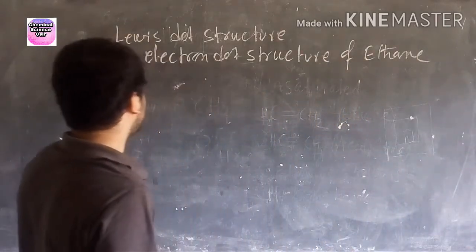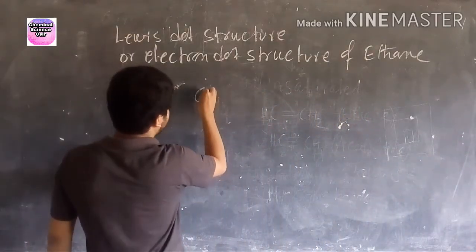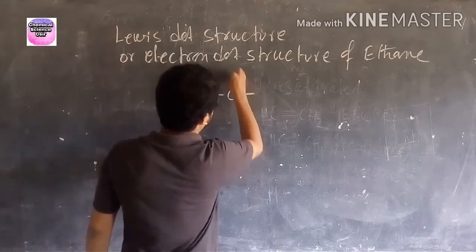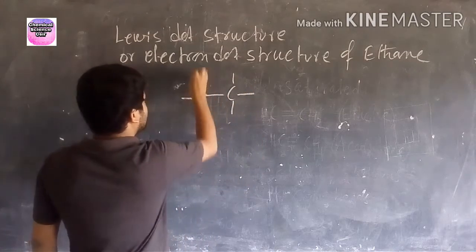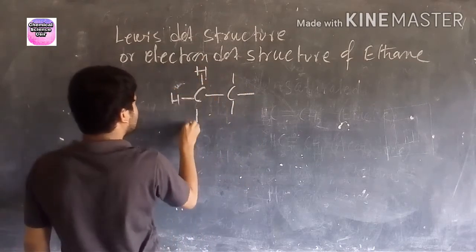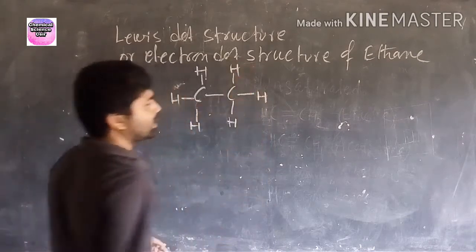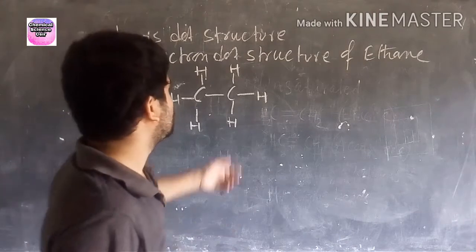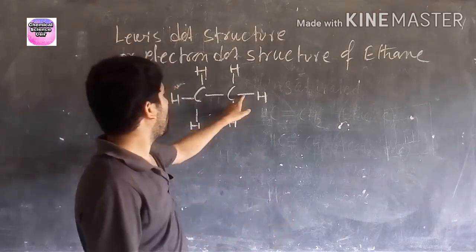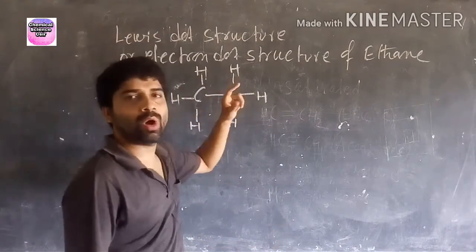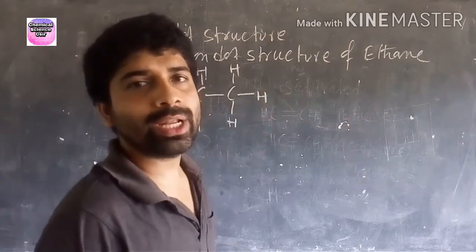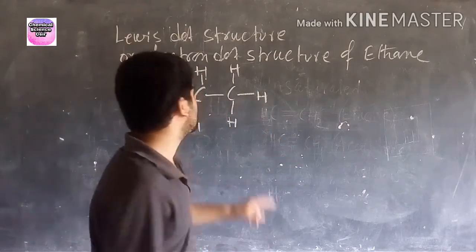First of all, I have to know the structural formula of ethane: hydrogen here, hydrogen here, hydrogen here. The carbon valence is 4, so 4 bonds are needed, and each bond can carry 2 electrons.